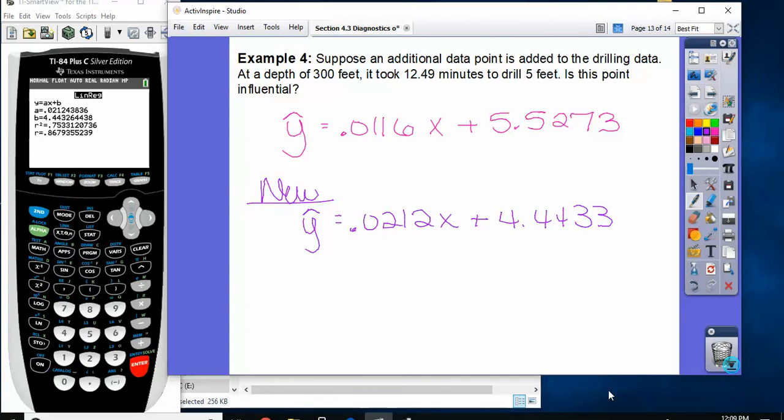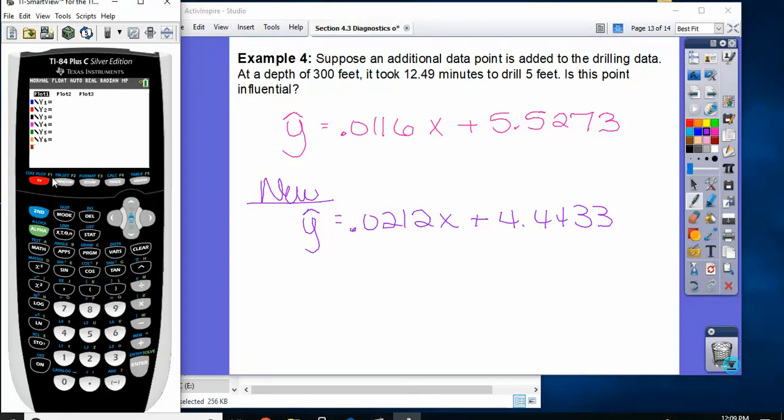If you go to your y equals, we can enter these as our y1 and y2. Then if we look at our graph, oh, hold on, we need to change something.